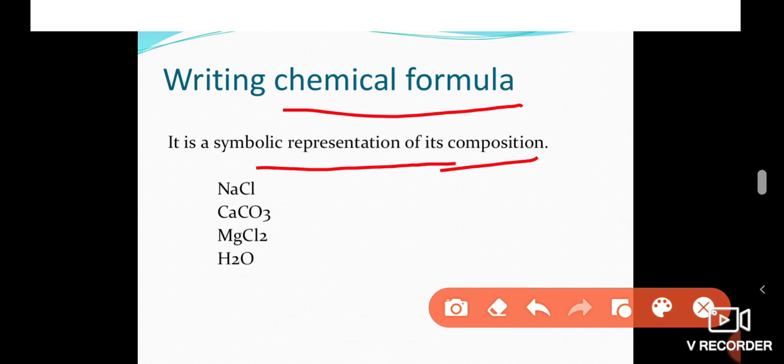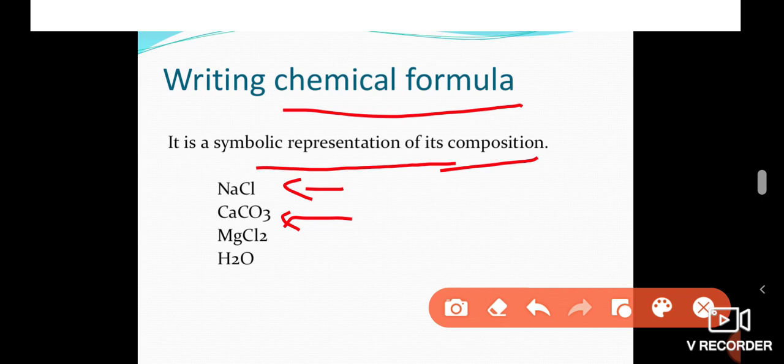For example, one of the chemical compounds is sodium chloride. It contains a sodium atom and a chlorine atom. How many sodium atoms? Only one. How many chlorine atoms? Only one chlorine atom. Like that, the second one is calcium carbonate. It is made up of calcium atom and carbonate. The number of calcium atoms is one.